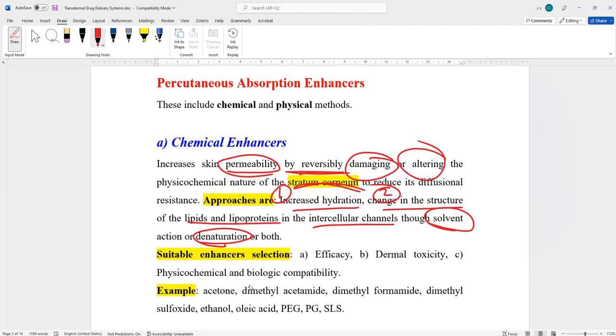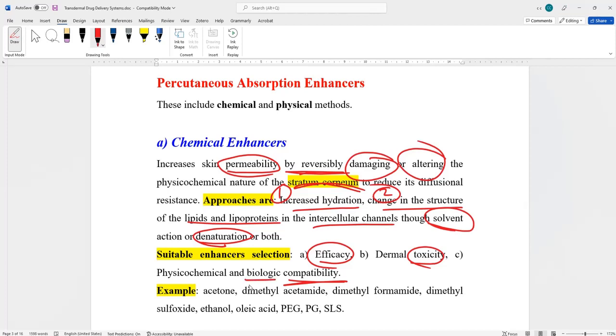It's very important that when you select a suitable chemical enhancer, it should not have toxicity to the skin. It should be effective in doing the job, and it should be compatible, meaning it goes well with the skin.